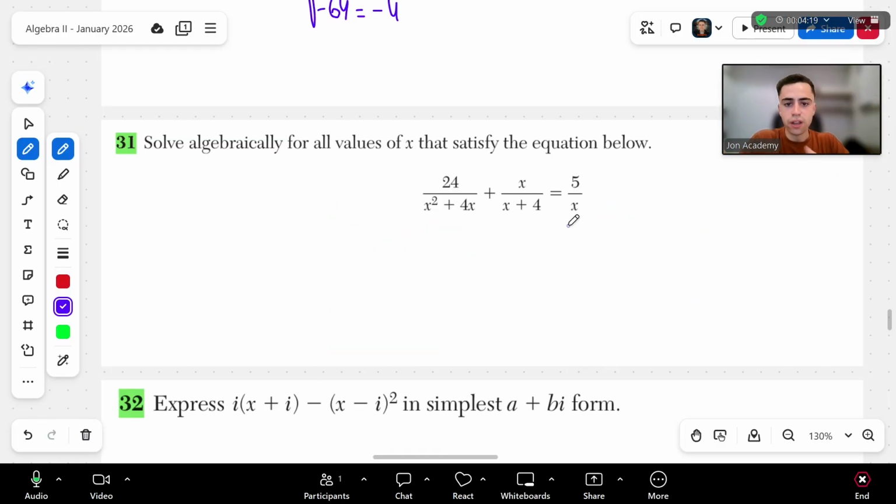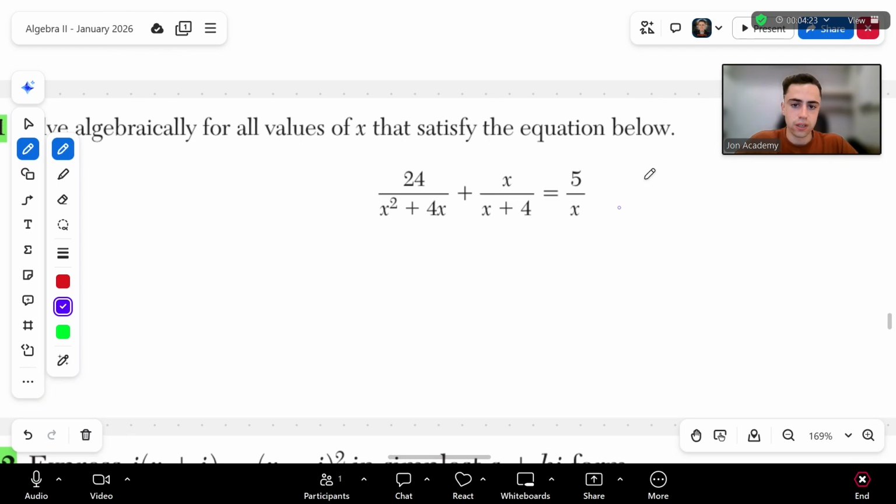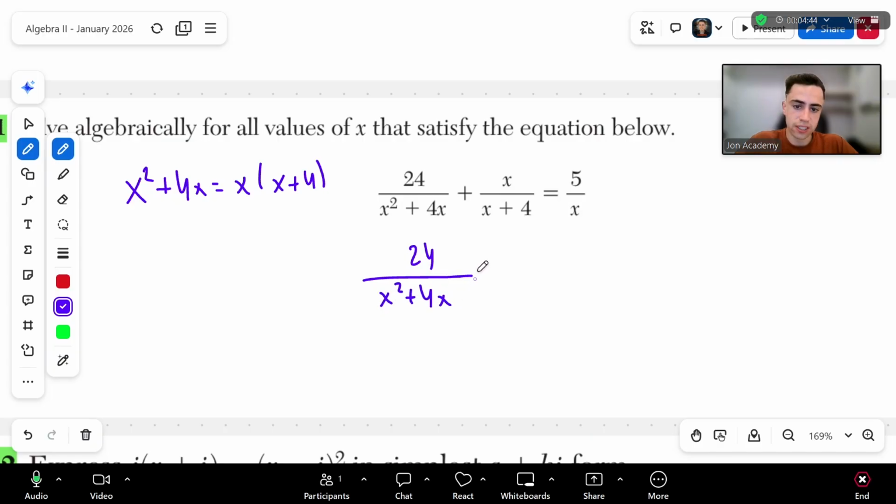Jumping into the next one, 31, we have to solve this algebraically. So let's see. We have to get this all into the same denominator. We have x squared plus 4x, and it's going to be x. We can factor it as x times x plus 4. And let's write everything into the same denominator. This one had already this, so we leave it as it is.